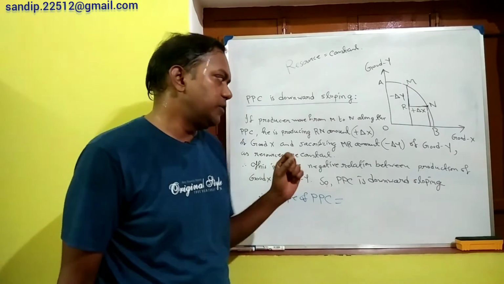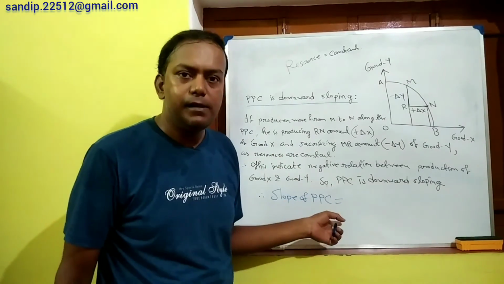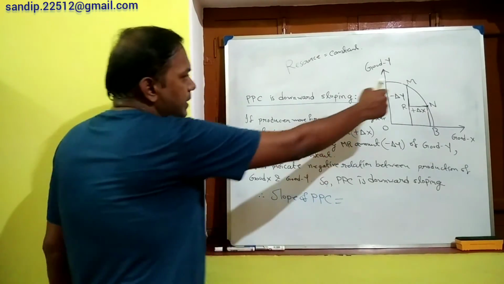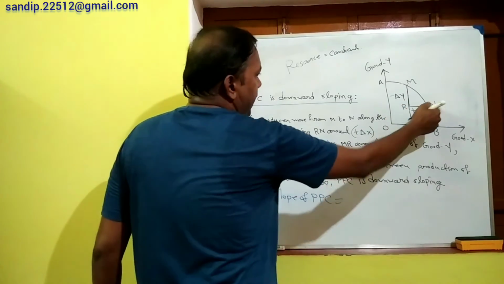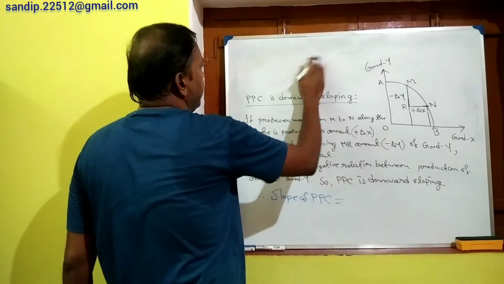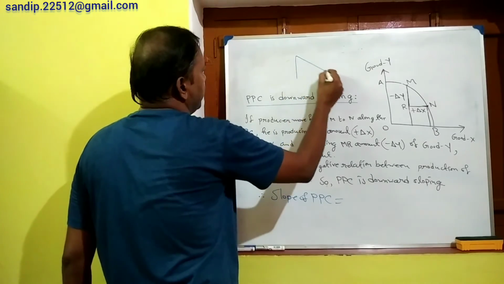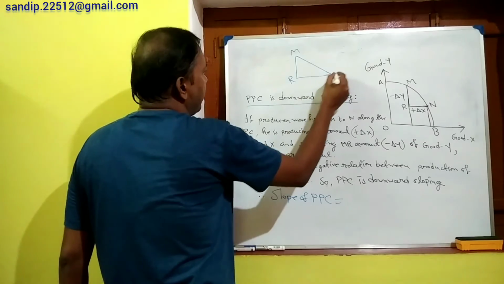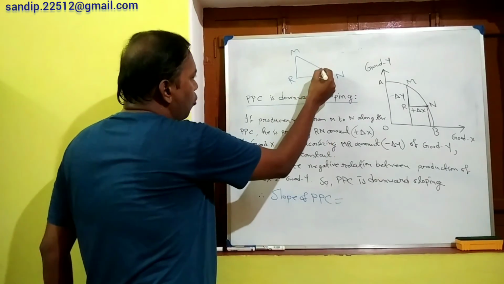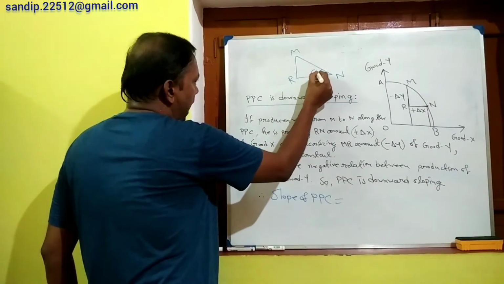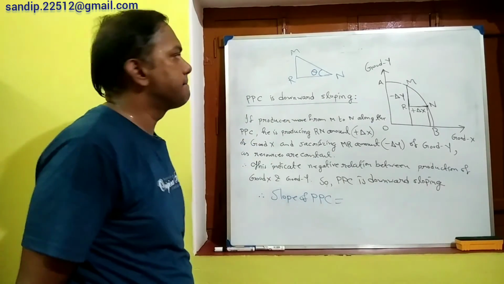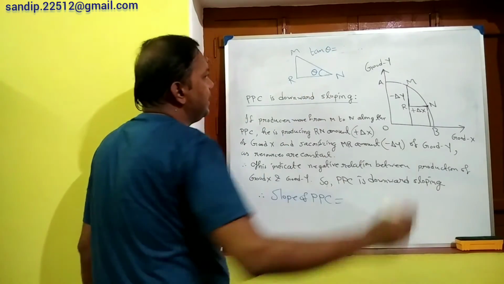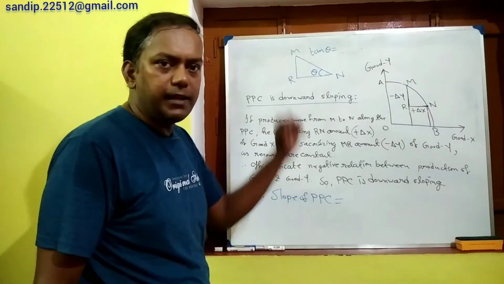So how can you find the slope? If I take MRN like a triangle, suppose this point is M, this is R and this is N, and this angle is theta, then tan theta will always indicate the slope.